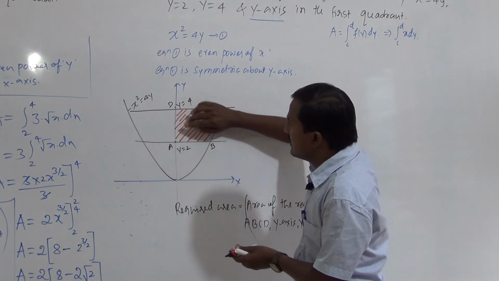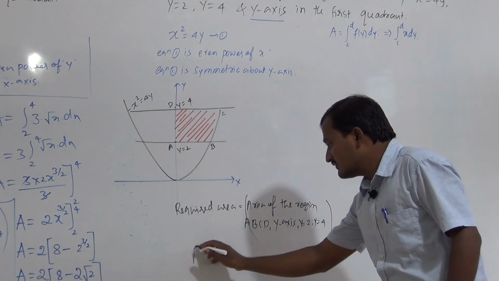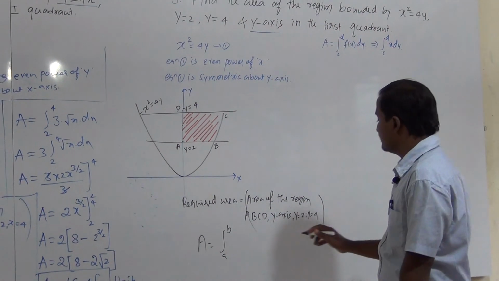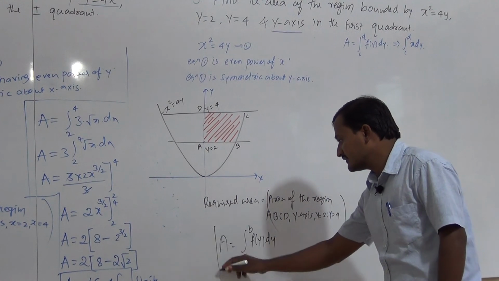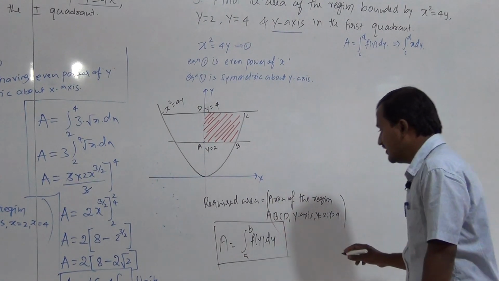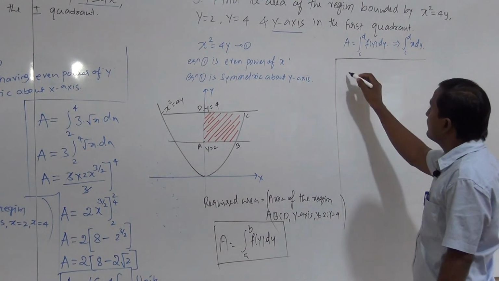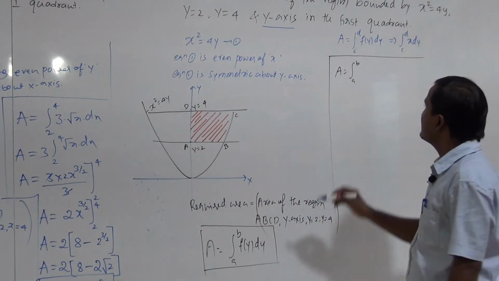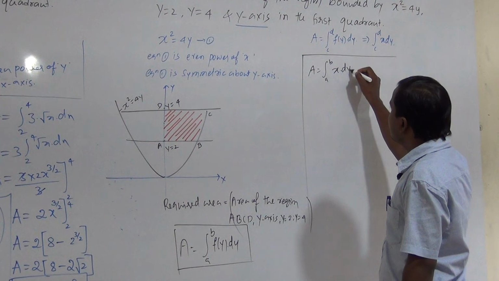Clearly this area lies on the y axis. So for this, what is the formula? From A to B, the formula is integral of f of y into dy, right? So therefore the required area is A equal to integral from A to B of f of y, that means x, so x into dy.